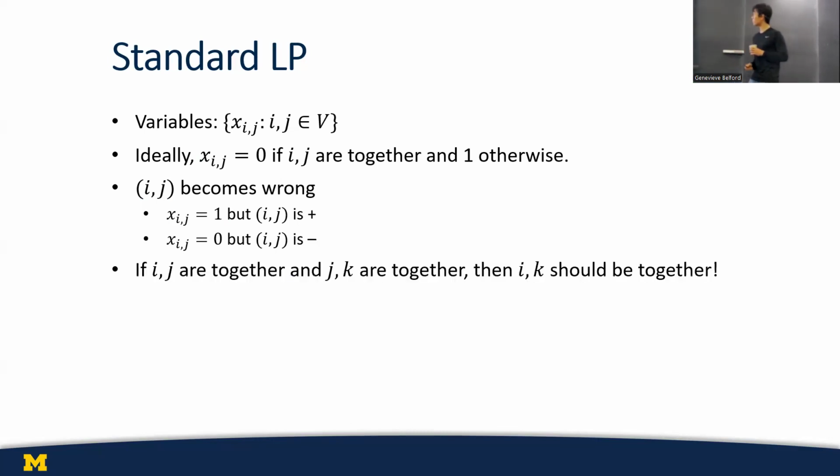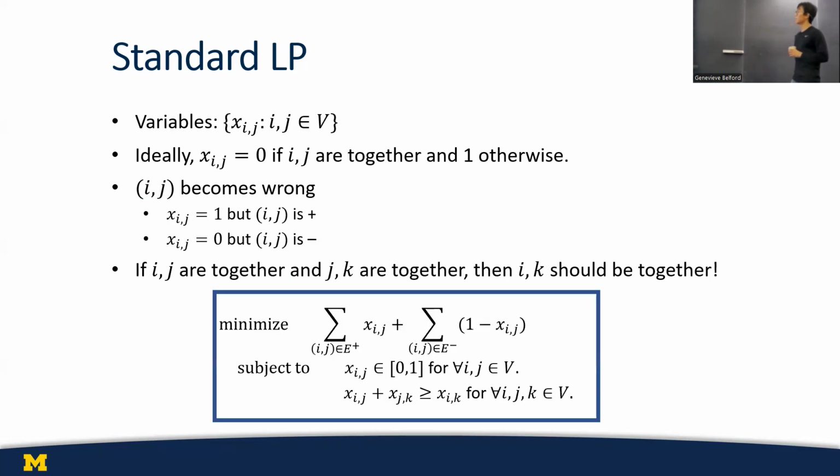Fractionally, one can think of this as some kind of distance, because we can put in a triangle inequality, saying that if ij are together and jk are together, then ik must be together. That's the whole idea, and that's the whole LP relaxation of this problem. Every x_ij must be between 0 and 1, you have the triangle inequality constraints, and the objective function is exactly this: you pay x_ij for plus edges, and you pay 1 minus x_ij for minus edges.